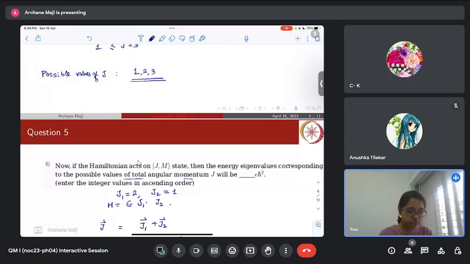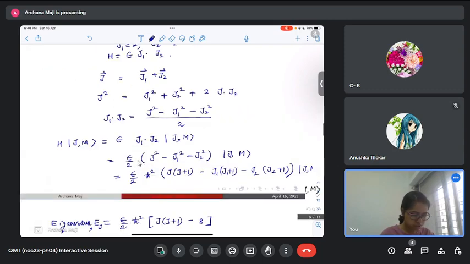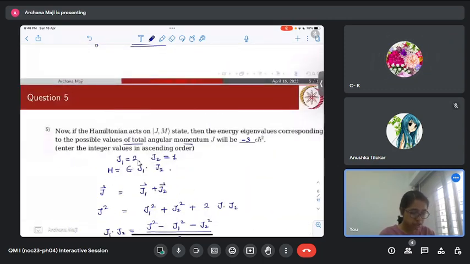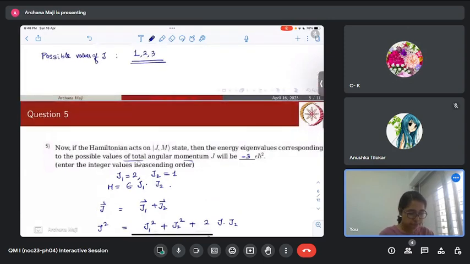Corresponding to 1, your eigenvalue is minus 3 epsilon h cross square. Corresponding to 2, your eigenvalue is minus 1 epsilon h cross square, and corresponding to 3, it's 2 epsilon h cross square. So all three are correct answers.